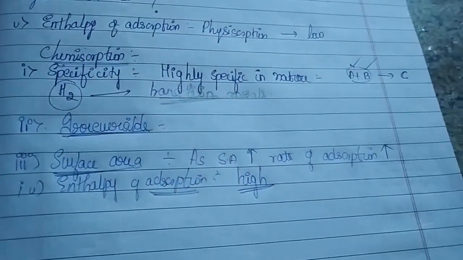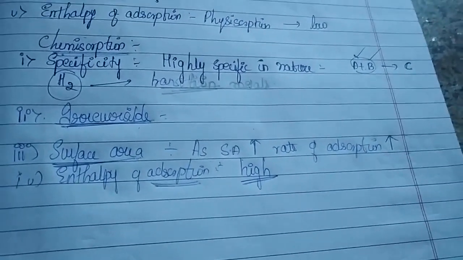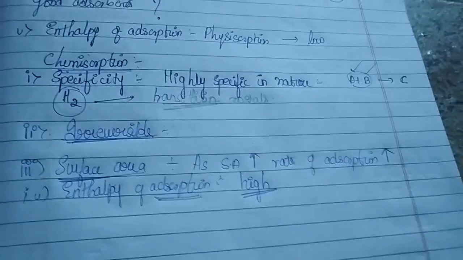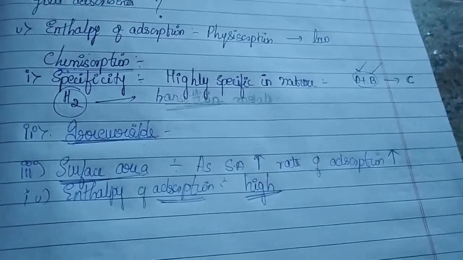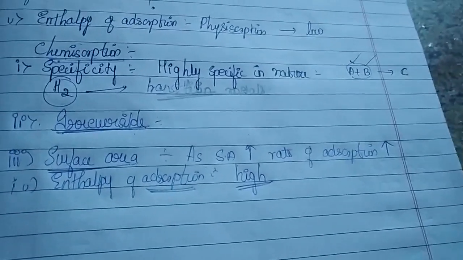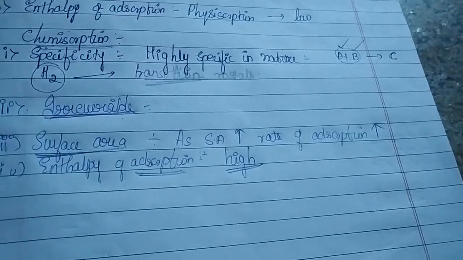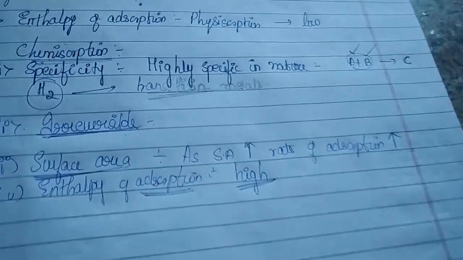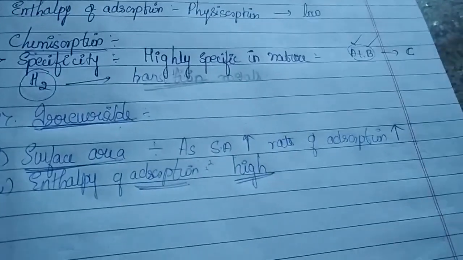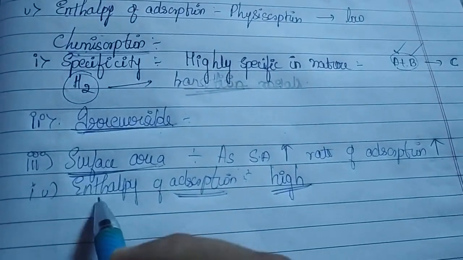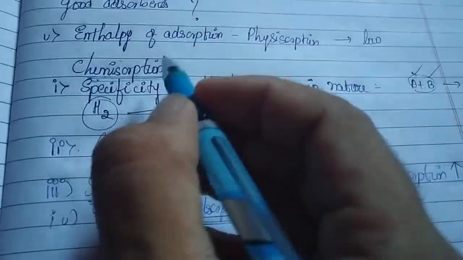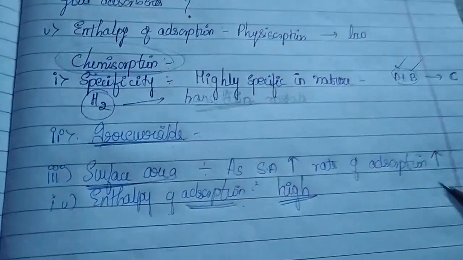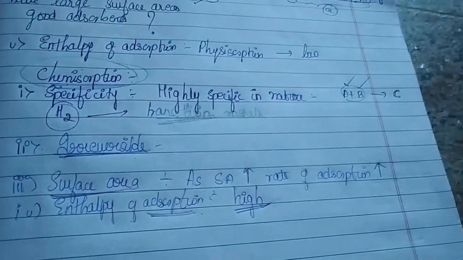So the enthalpy of adsorption for chemical adsorption is very high, since it favors chemical bond formation. A chemical bond forming means it is becoming stable, and becoming stable means more energy is being released. So that is the reason we say the enthalpy of adsorption for chemisorption is very high.